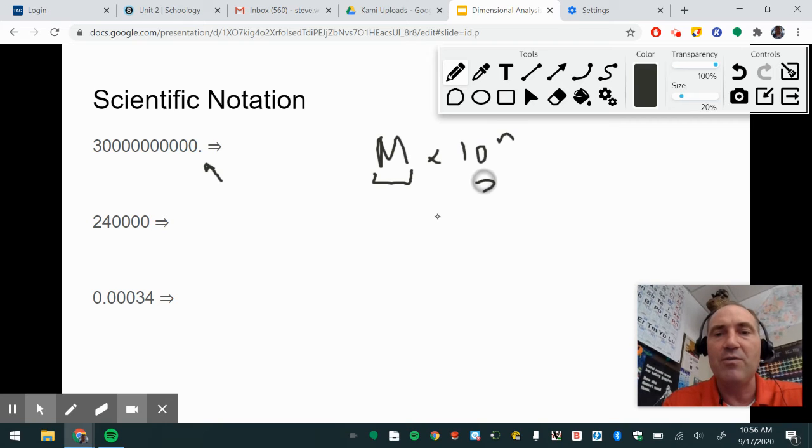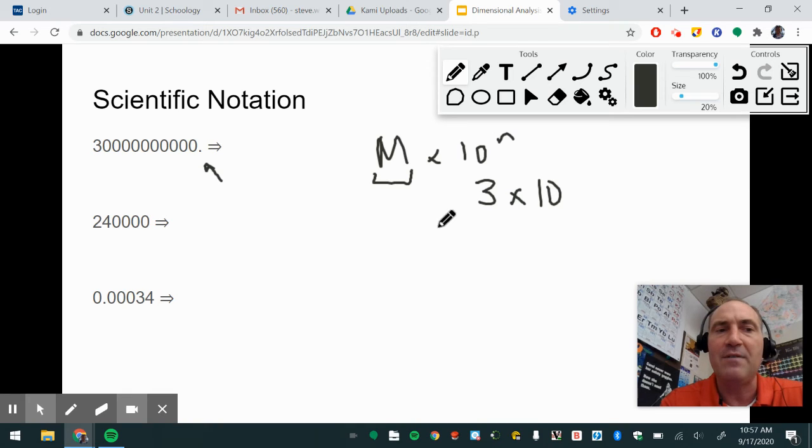So it's going to be 3 times 10, and then you figure out how many spots it took to move that decimal: 1, 2, 3, 4, 5, 6, 7, 8, 9, 10. So we would say 3 times 10 to the 10th is that number. So n is the number that moves the decimal point, and m is the actual value of the number between 1 and 10. All we did was move the decimal point, so this is actually equal.